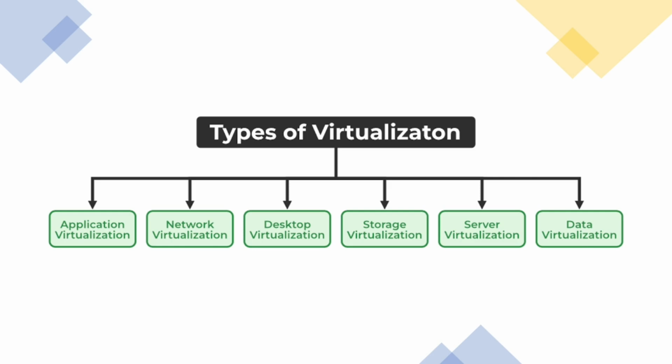The second type of virtualization is called network virtualization. By the name itself, you can understand that if we are intending to use a network and its characteristics, then it is called network virtualization. Basically, the ability to run multiple virtual networks with separate control and data plane for each network is called network virtualization.